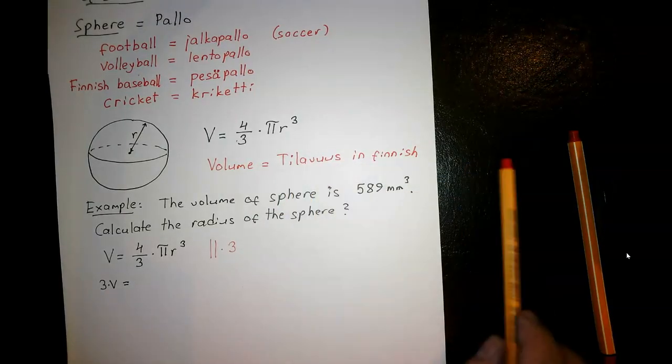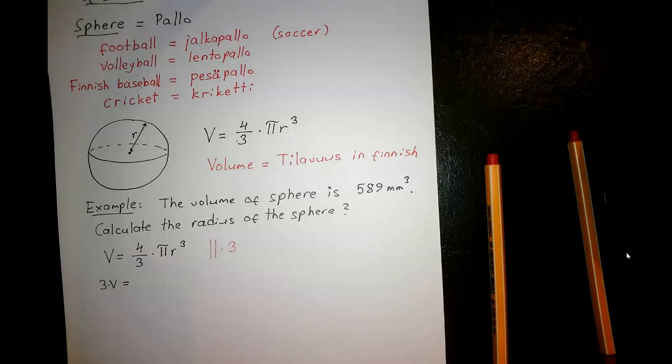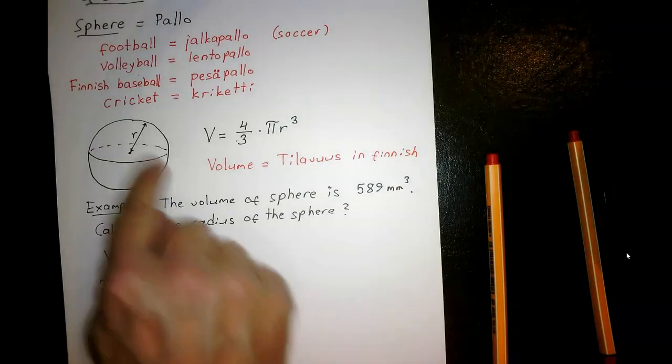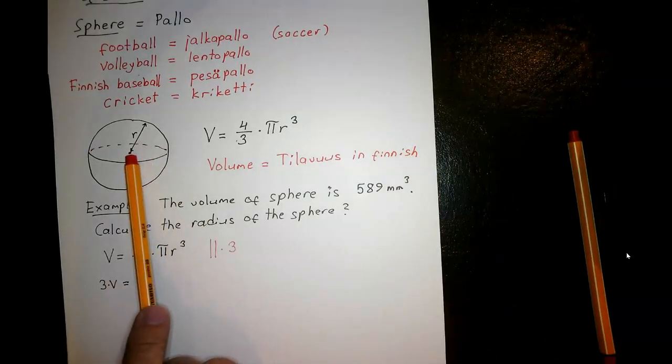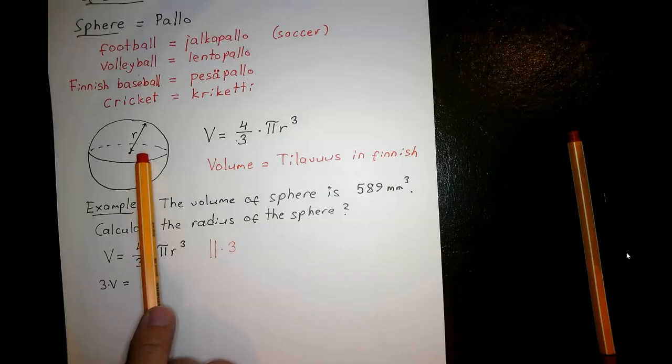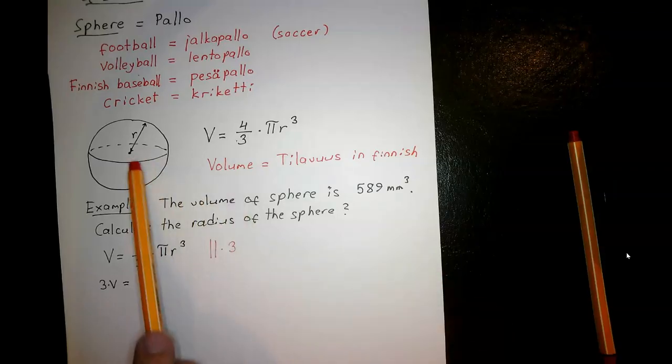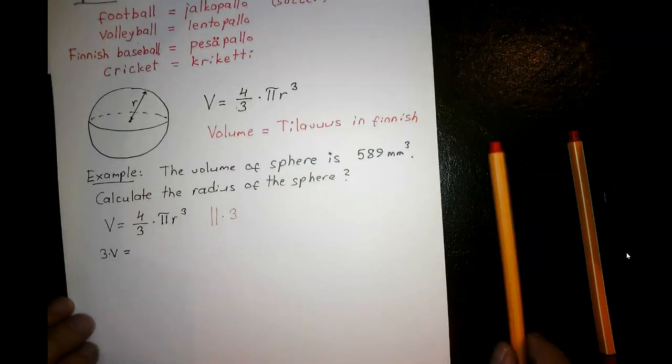Tila means it is like a space around you. That is tila, and this tilavuus means the space. In this sphere, it is the space around the middle point or origin of that sphere.